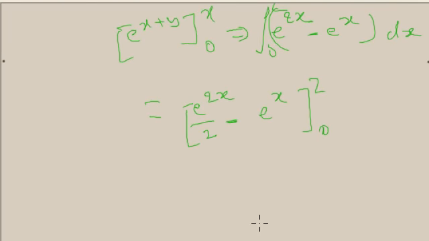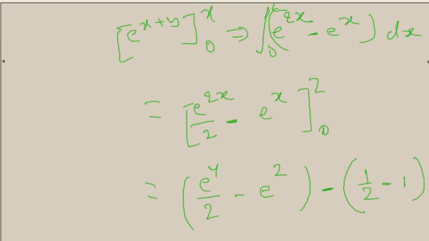If you put 2 here, you get e to the power 4 divided by 2 minus e square, minus, if you put 0 here, 1 by 2 minus 1.